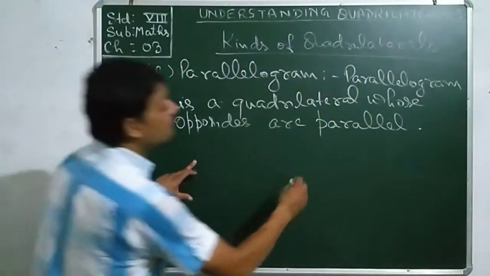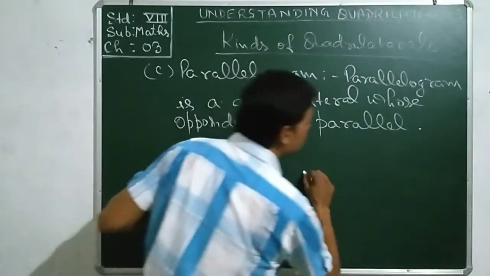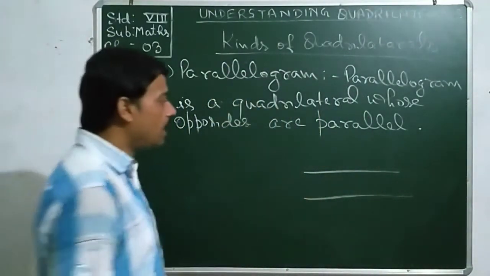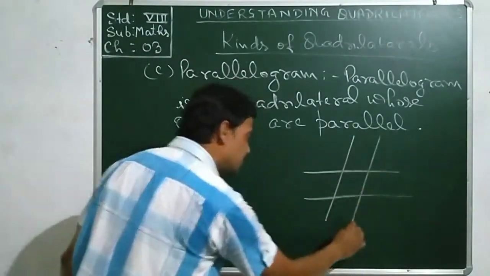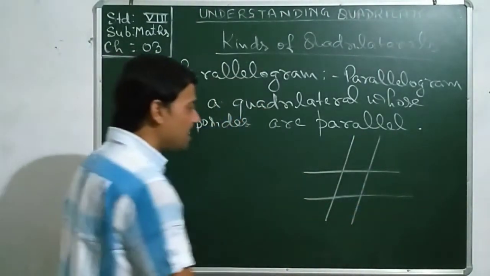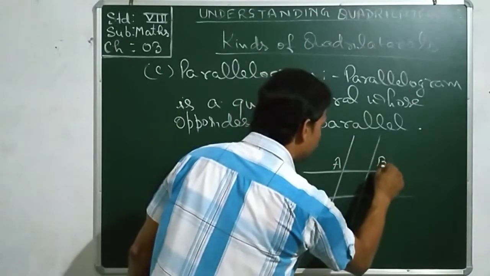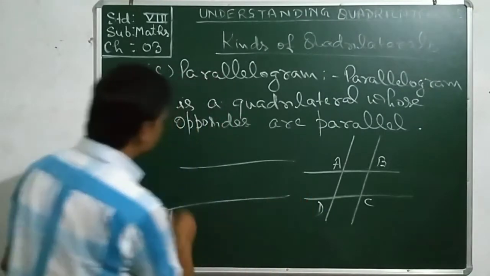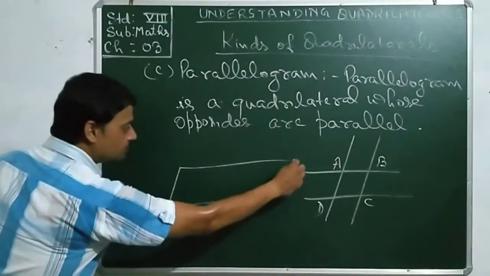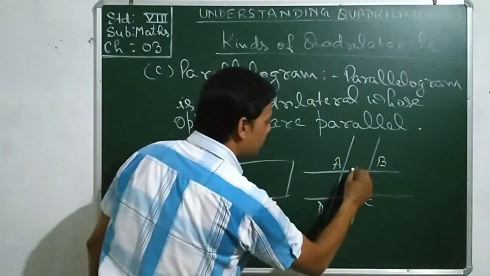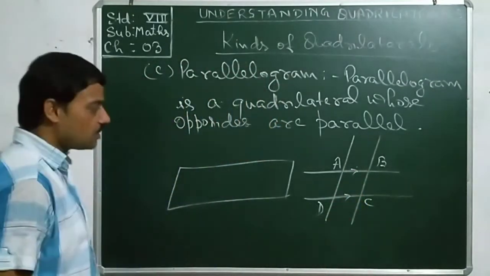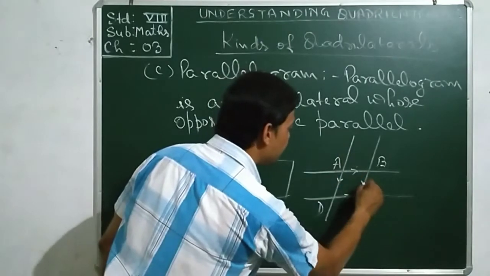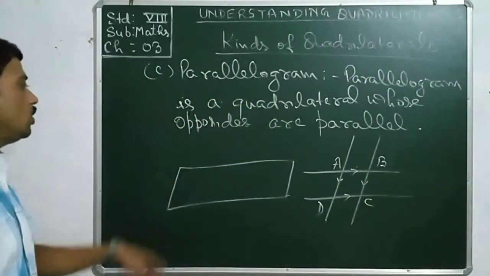That means, assume these two lines are parallel lines, and if these are intersected by two other parallel lines, then the figure formed is this one. ABCD is a parallelogram. Here, AB and CD are parallel, and AD and BC are also parallel.